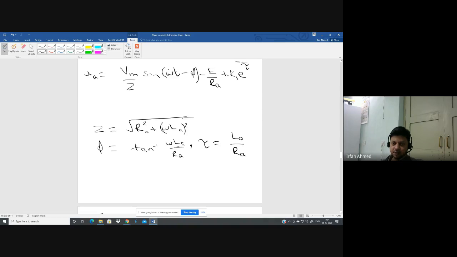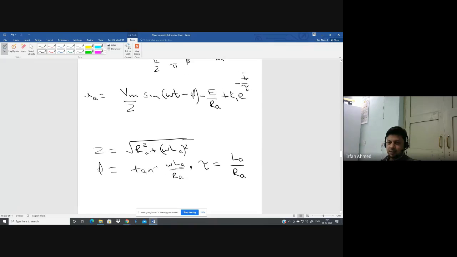Omega is again the supply frequency, that also you know. Phi is again dependent on LA and RA, so phi also you know. Back EMF is also known. RA is also known. Tau is also known. Okay? So there is only one variable in this equation, that is t, and there is one unknown in this equation, that is K1. Okay?